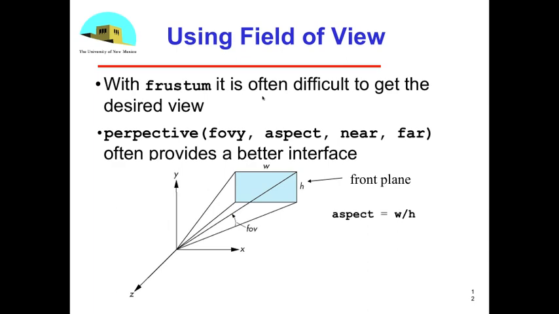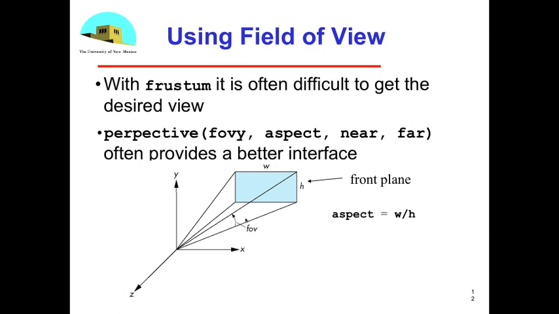So here, this is maybe closer to the interface you'd have with a camera, where you provide the field of view, which is an angle, sometimes called the angle of view, but more likely the field of view. And that says how much am I going to see? Is it a narrow angle lens, or is it a fisheye lens where I see a very wide angle?